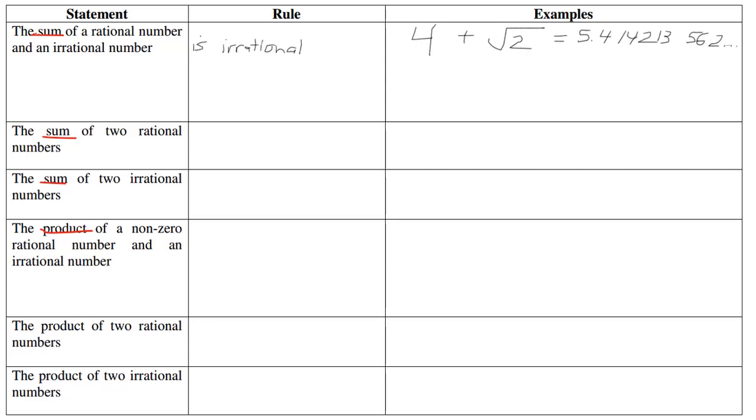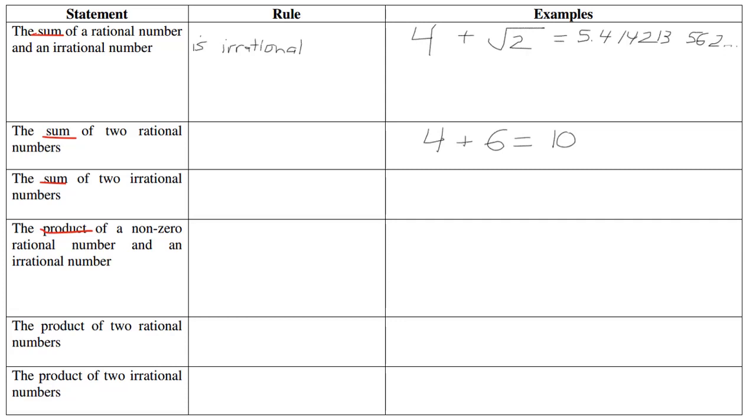Now the sum of two rational numbers. Again, because we're talking about rational numbers, I'm going to use whole numbers as an example. So something like 4 again, and I'm going to add them. So we're talking about sum, and I'm going to just add a whole number. When I put that in my calculator, guess what? I get another whole number.